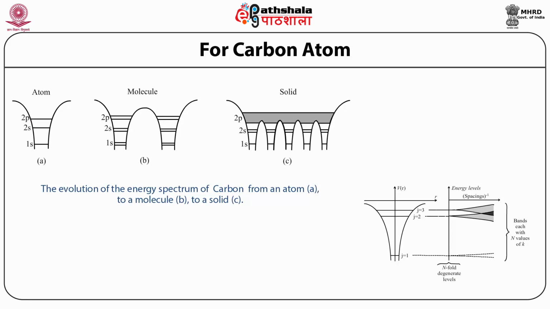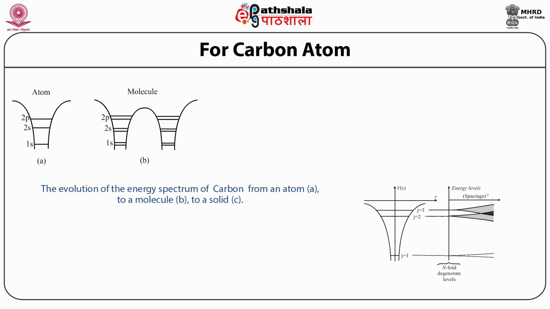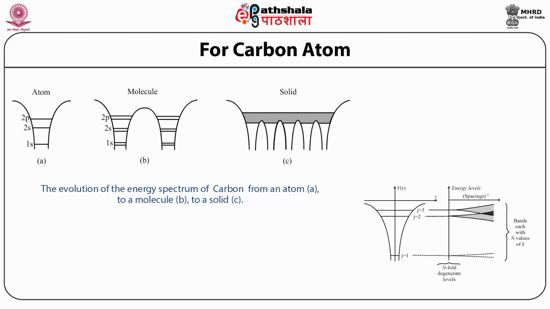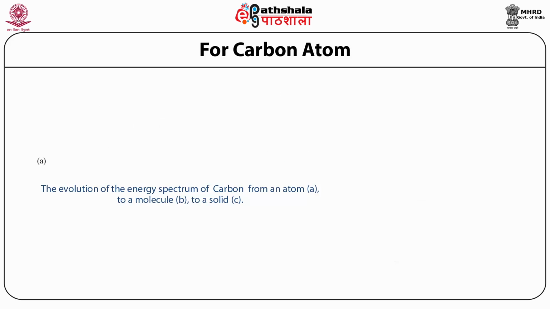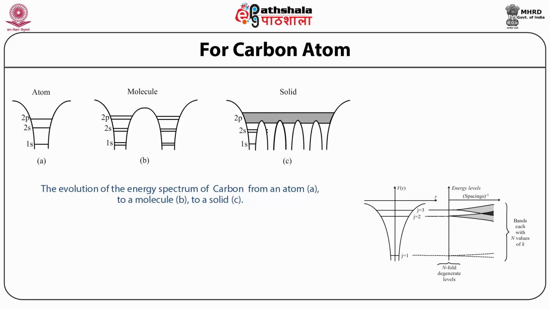This is due to poorer overlap of the 1s wave function compared to that for 2s and 2p wave functions. It follows that, generally speaking, the higher the energy, the greater the splitting incurred. And this is clearly shown in this figure, which shows the schematic representation of the formation of tight binding bands as the spacing between the atoms is reduced.